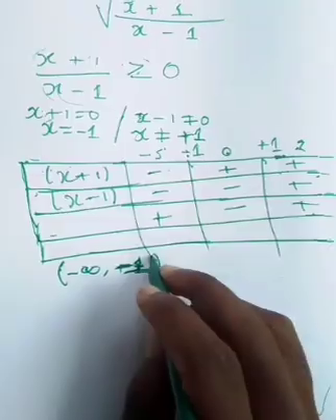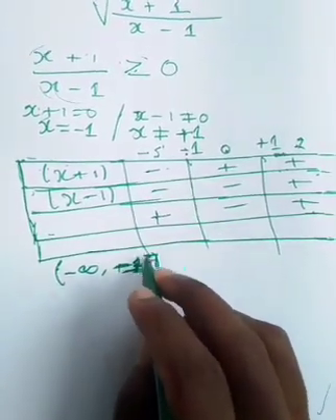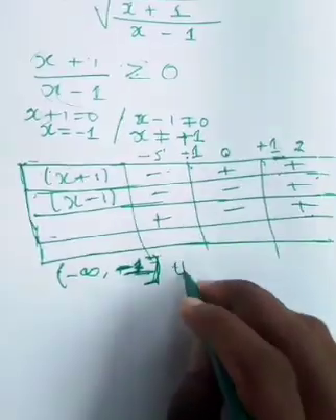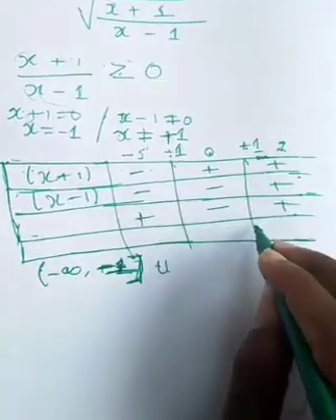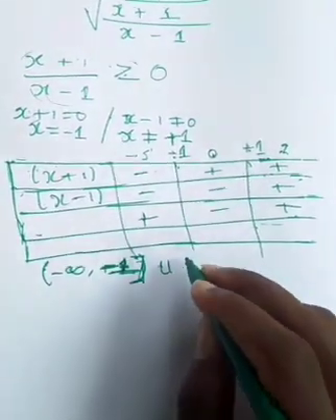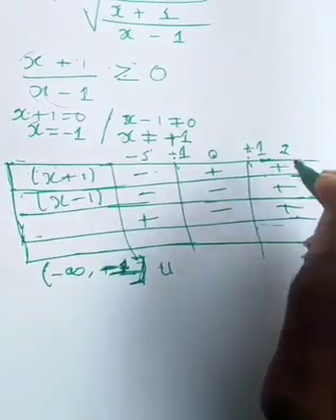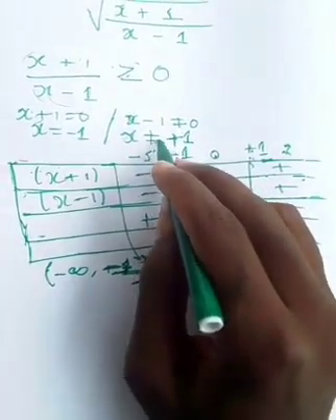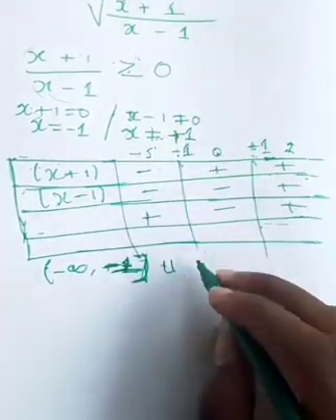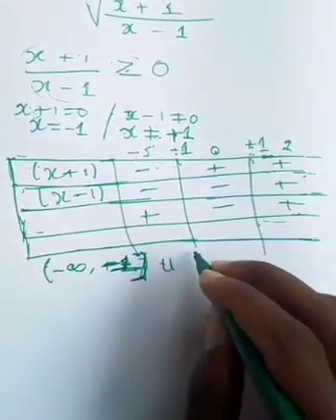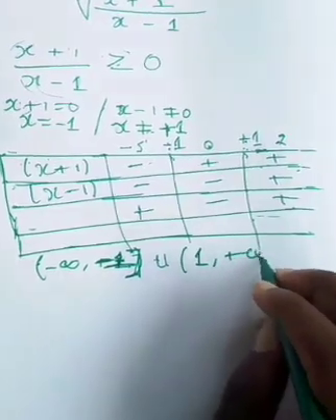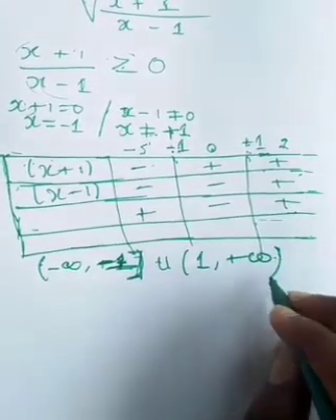And it should be a square bracket because this is going to be part of the set. Then we say union. Then the other region is this region, which will be from positive 1. Now listen, since we said that it cannot be equal to positive 1, I won't use the square bracket, I'll use the parenthesis, then I'll put 1 to positive infinity. So this is my domain.